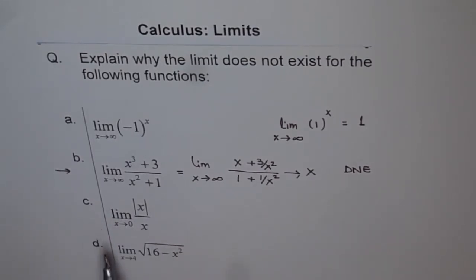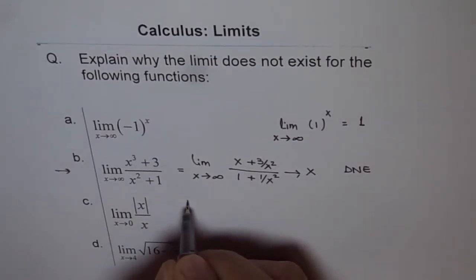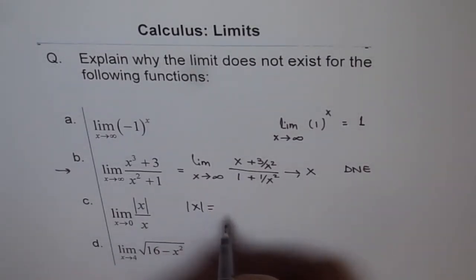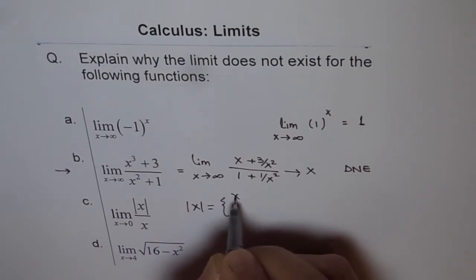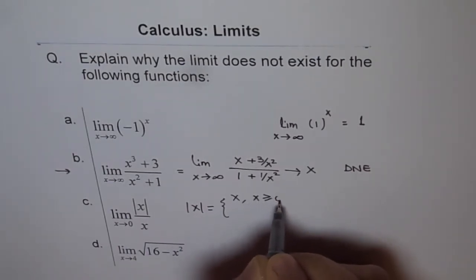Now, part C. So here we have an absolute function, and we're saying absolute x divided by x when x approaches 0, this limit does not exist. What is the reason? Well, how do we define absolute x? Absolute x is actually equal to plus x if x is greater than or equal to 0, right?